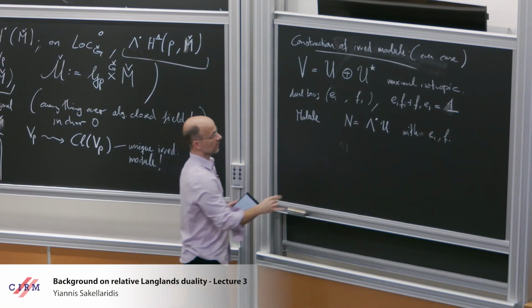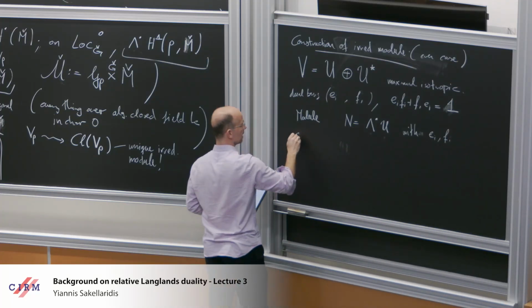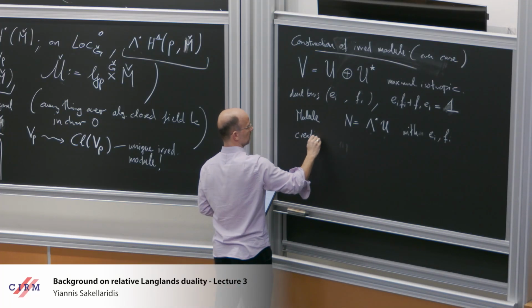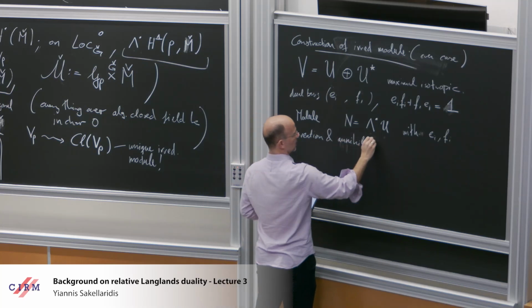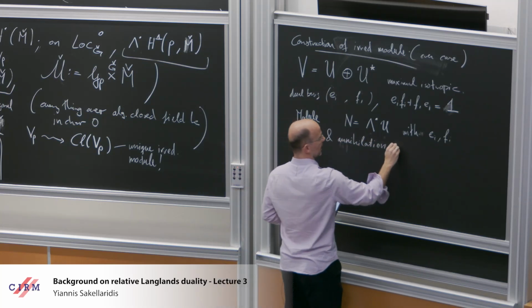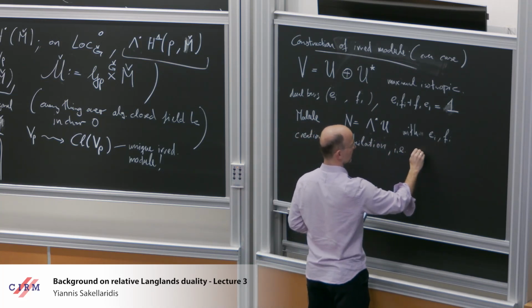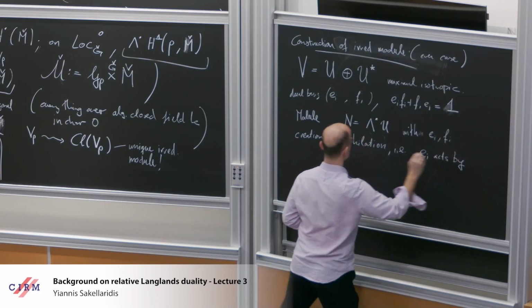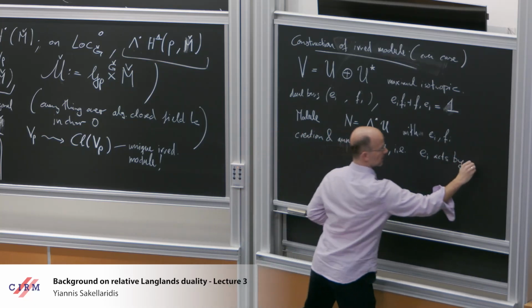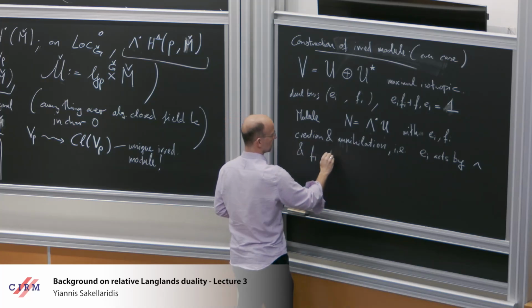So EI acts by exterior multiplication, and FI acts by contraction.